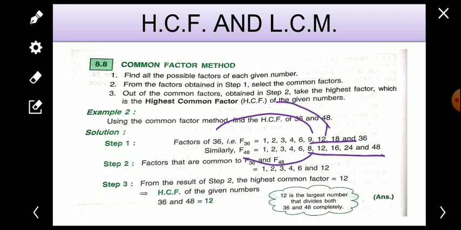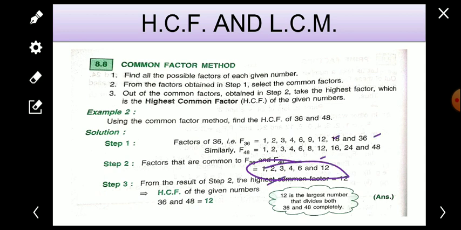Sorry, 12 is also there. 12 is also the common factor, so we will add 12 also. I missed it. So 12 is the common factor because it is the factor of 36 as well as of 48. So these are the common factors. Except these, none of the factors is common to 36 and 48. So we have got the common factors.